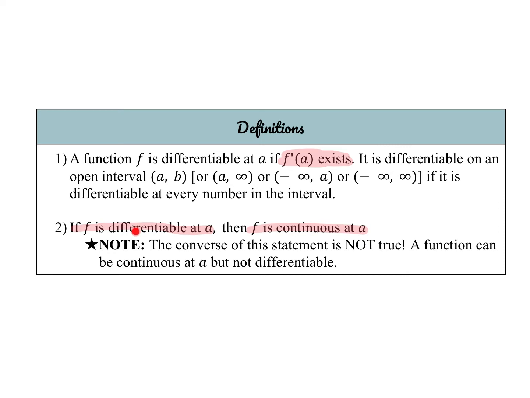So while we can say that if we know something is differentiable, it must be continuous, just because something is continuous does not make it necessarily differentiable. So again, a function can be continuous, but not differentiable. But again, just to nail this point home, if it is differentiable at a, it is continuous at a.